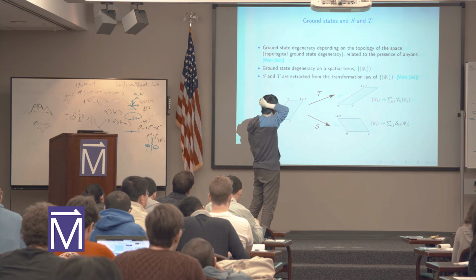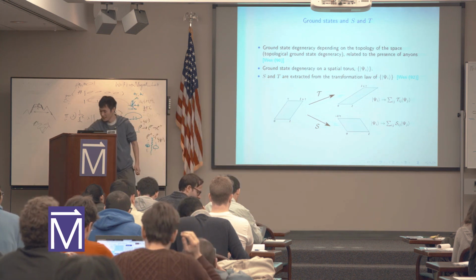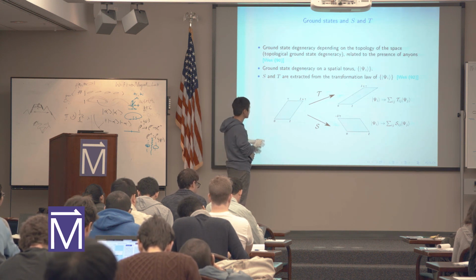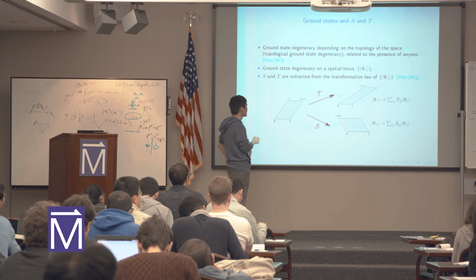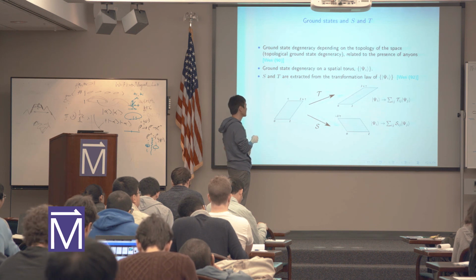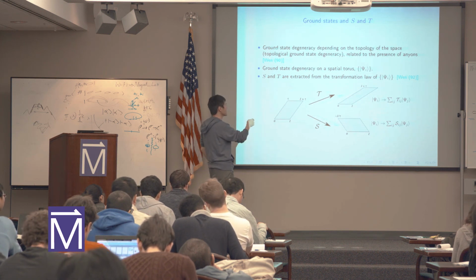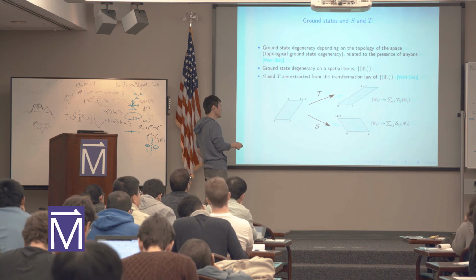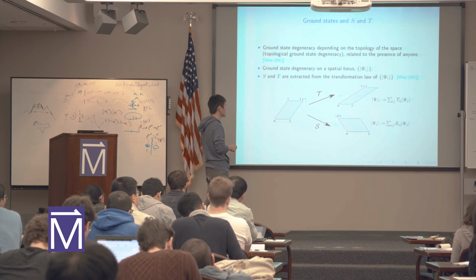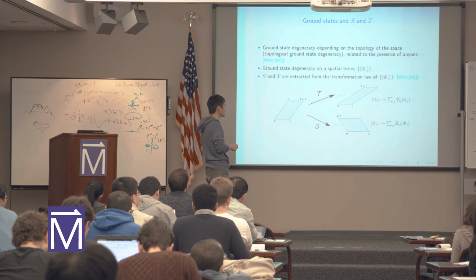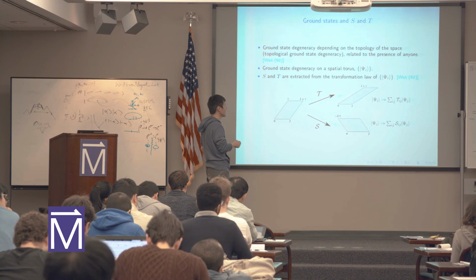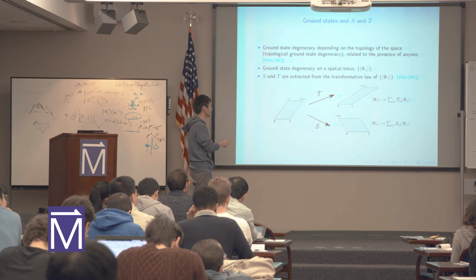Actually, I didn't explain that well. The idea is that we start from this torus, the spatial torus. The way I want to present my torus is to take the big plane and identify different points on this plane, which is specified by lattice vectors. This tau specifies the lattice vectors.